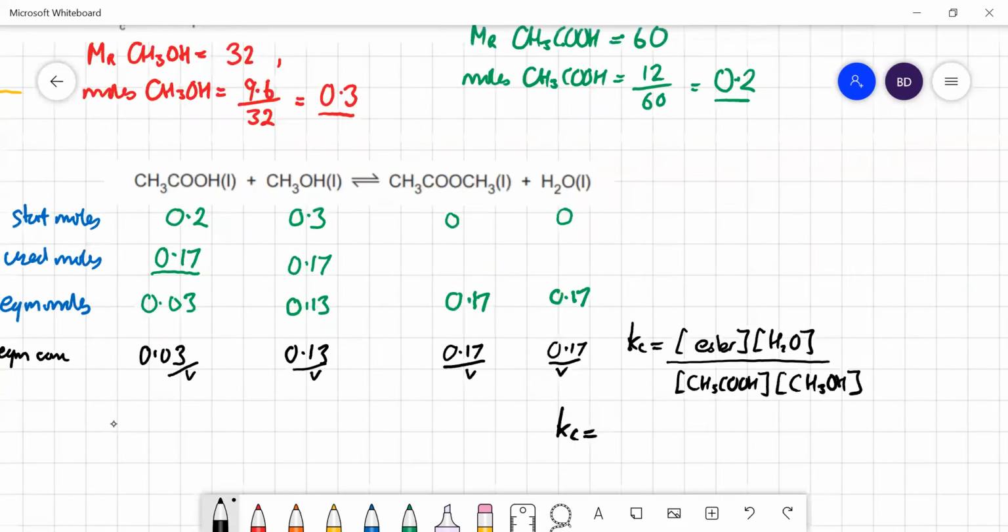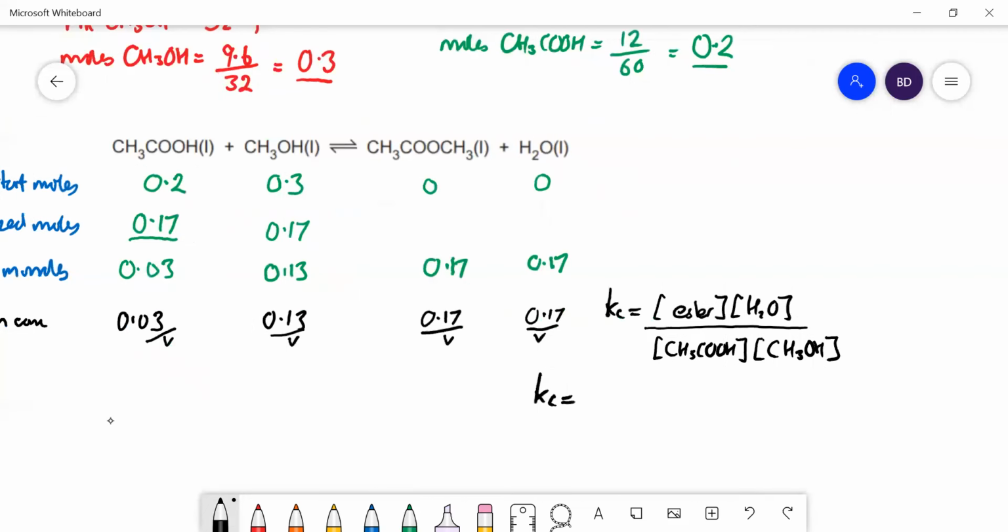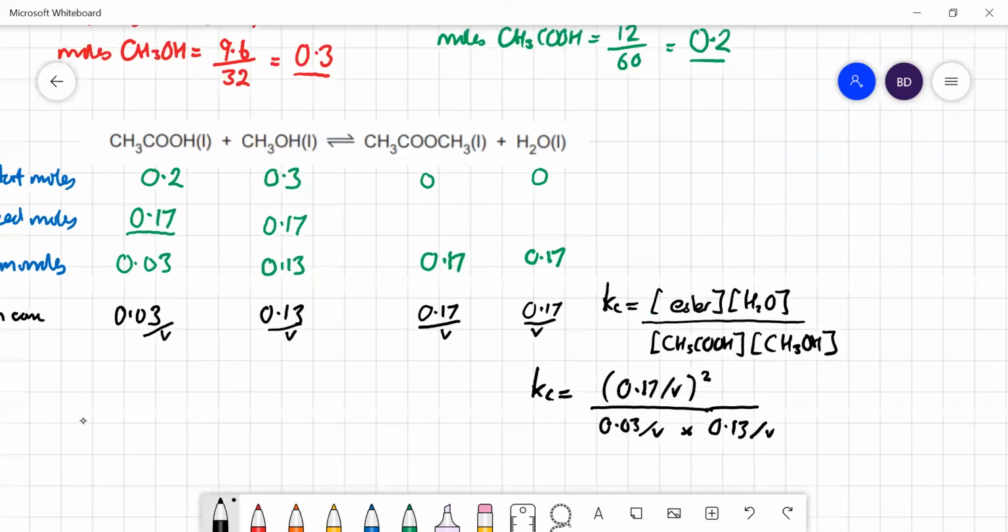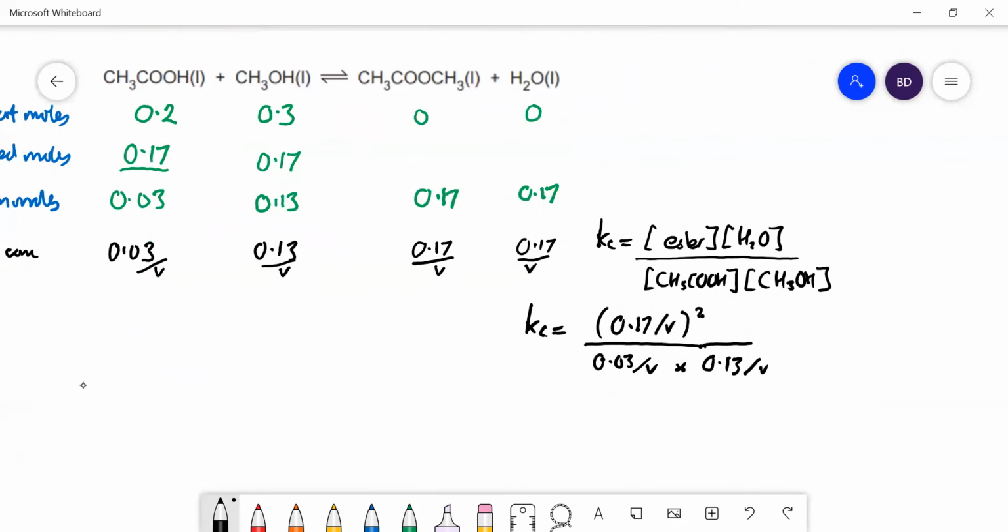So we're going to put Kc is equal to 0.17 over V all squared, divided by 0.03 over V multiplied by 0.13 over V. Okay, so those V's are all going to cancel out, and Kc works out to be 7.41.